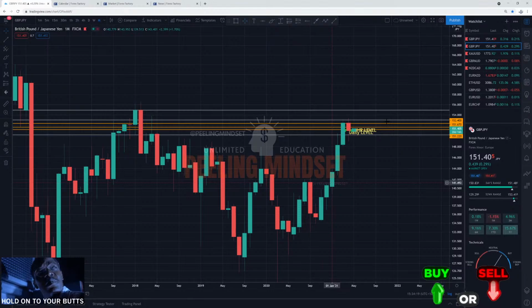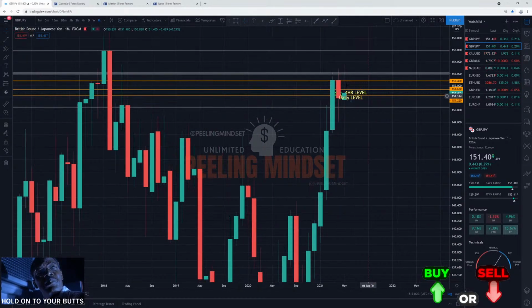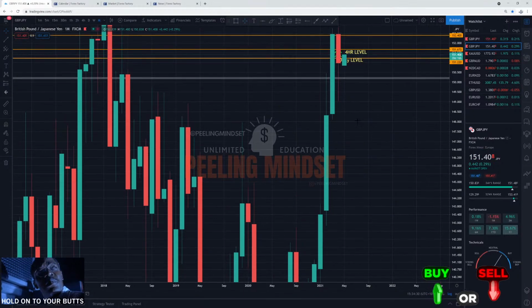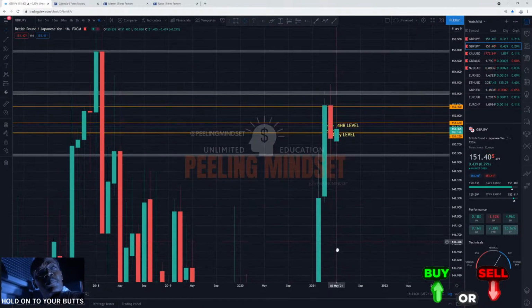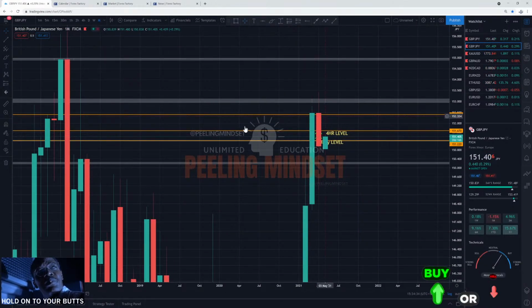That's why we wanted the current monthly candle to grab its liquidity first before it heads down. So this has been established as a resistance. For the YouTube guys, if you don't know what a resistance is, it is a level where price rejects and starts heading down, right? Or it's a level where price is resisted from going further up. So this could be a potential monthly resistance. That's very nice.